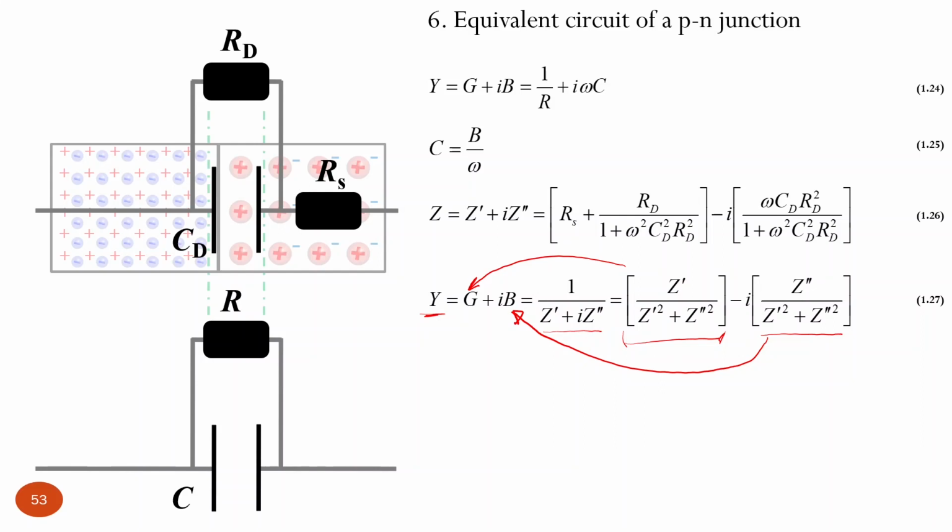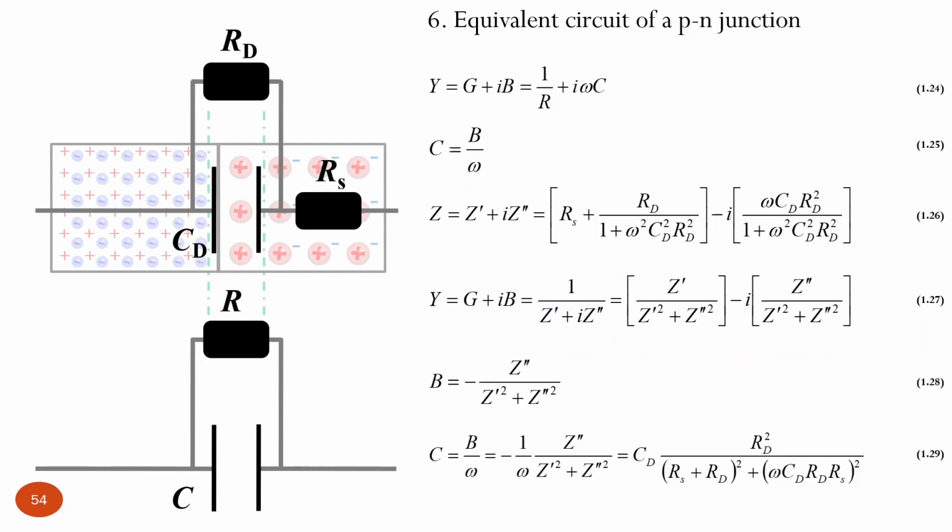So now we can measure impedance. There is an impedance analyzer which gives us Z prime and Z double prime as a function of frequency. So we measure these, Z prime and Z double prime. We know that minus Z double prime divided by Z prime square plus Z double prime square should be equal to susceptance.